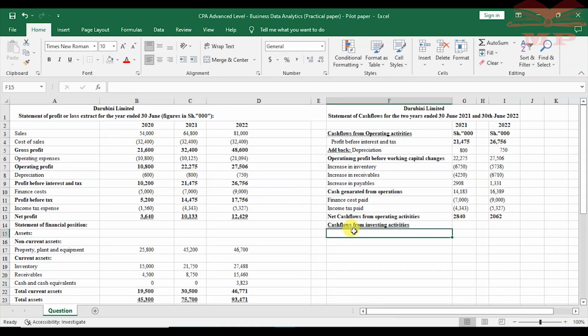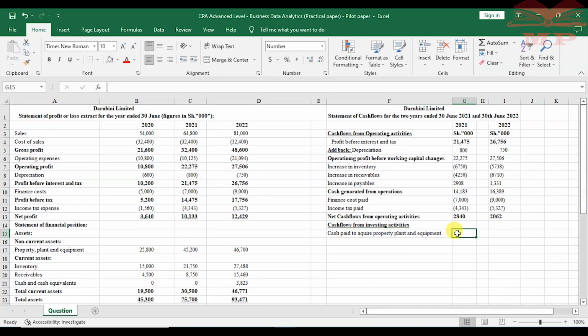So that is cash paid to acquire property, plant and equipment.